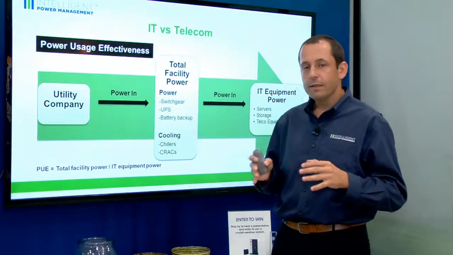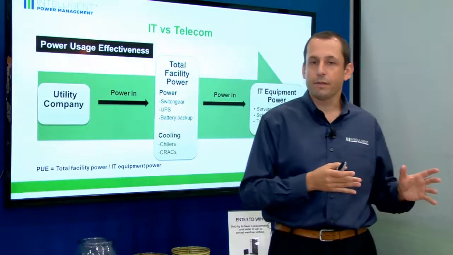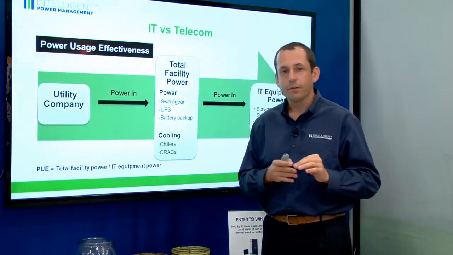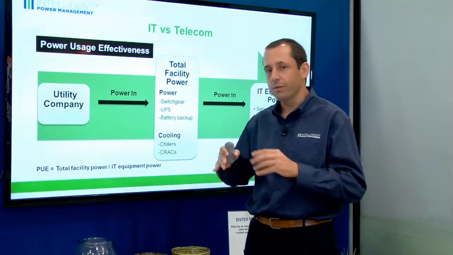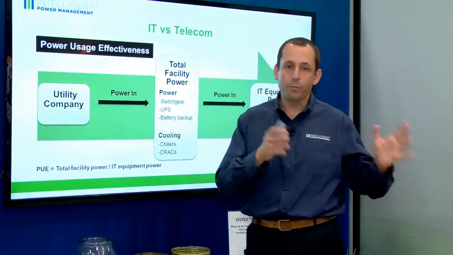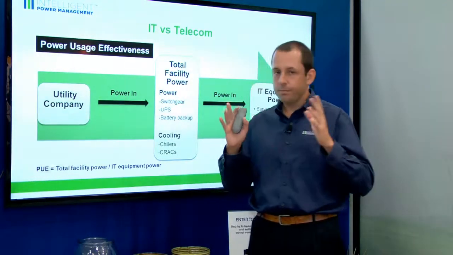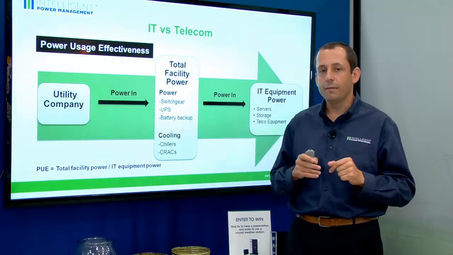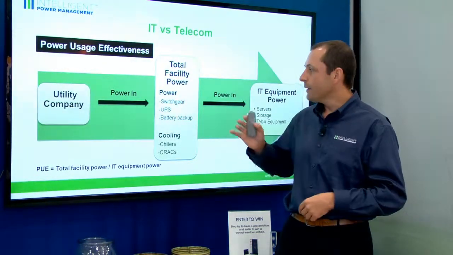That number, the better number will be the one that approaches the number 1. So the closer you get to 1, the more efficient your environment will be. So if you have a 1.2, a 1.3, you can easily say that a 1.2 environment will technically, for the most part, be more efficient than a 1.3 type of environment.